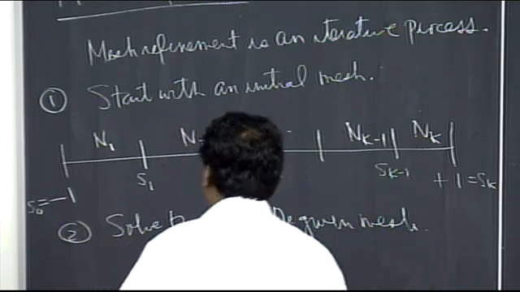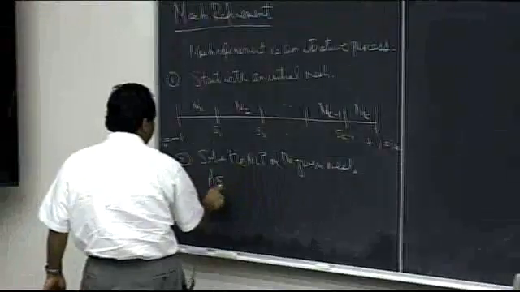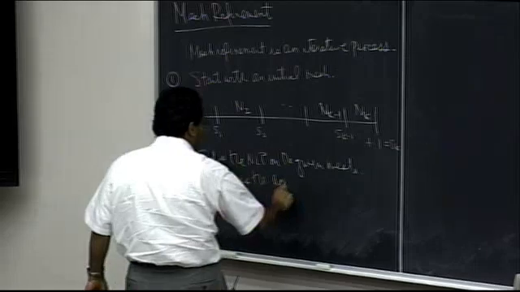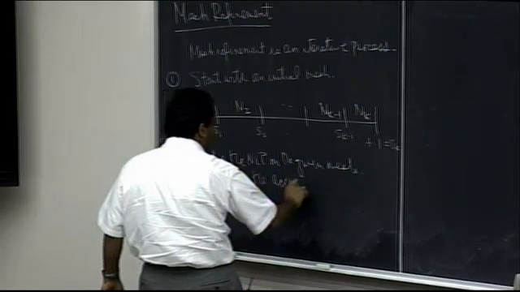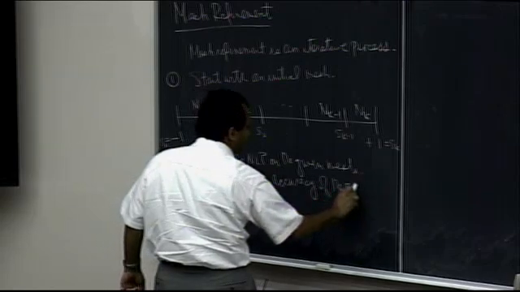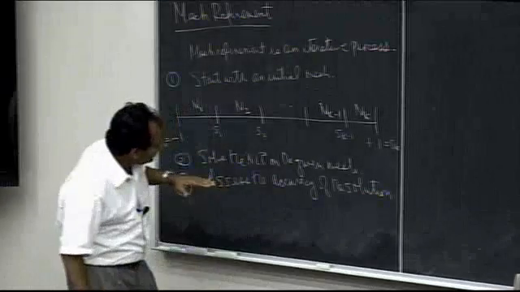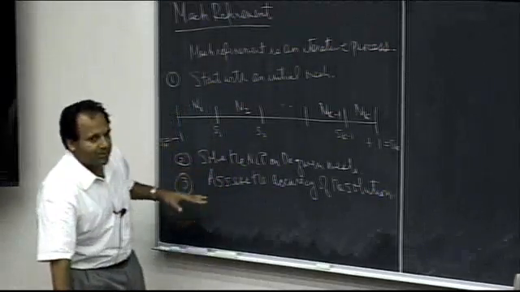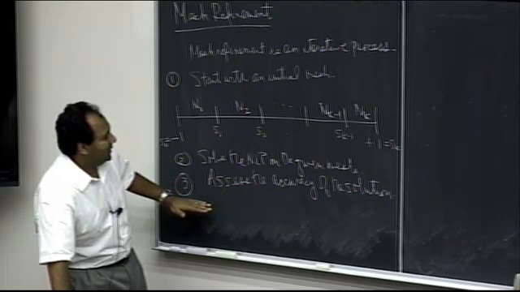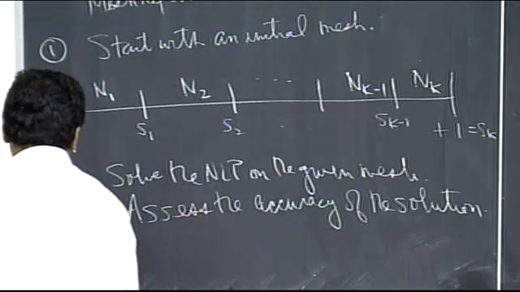Now, the key step is that once you've solved it, you have to assess the accuracy of the solution. This is the hard part. The next thing is really easy. After you do this, the next thing is a piece of cake. So I'll write it down, and then you'll say, okay, that's a real piece of cake.